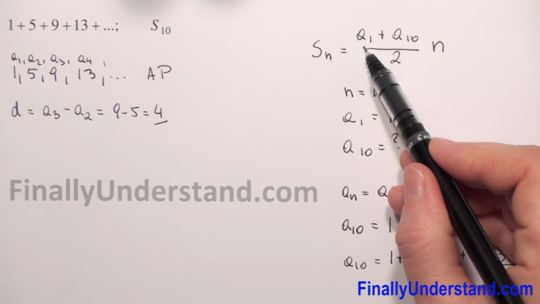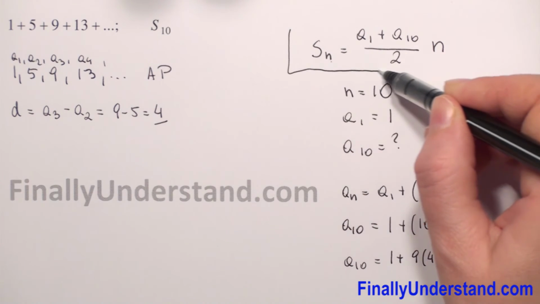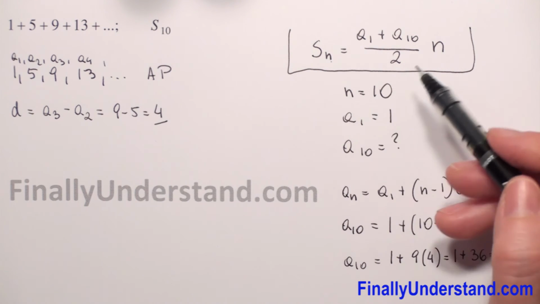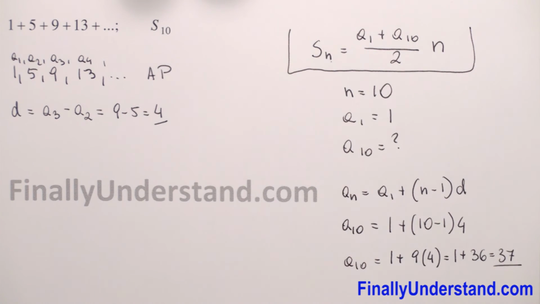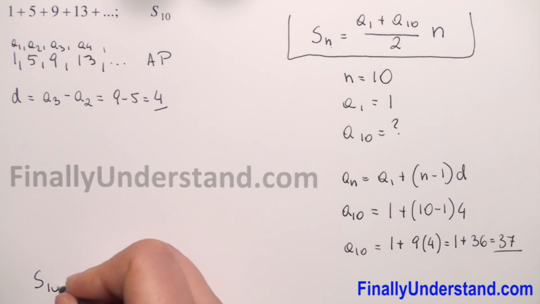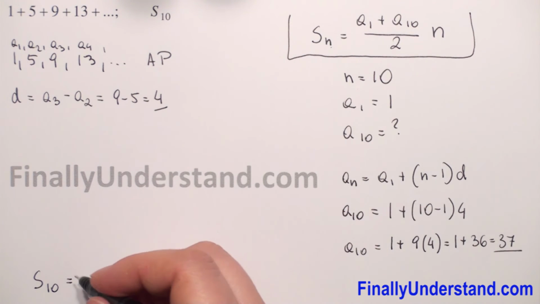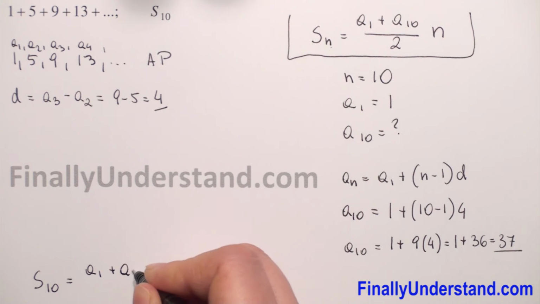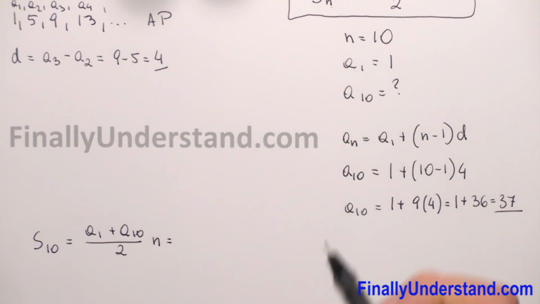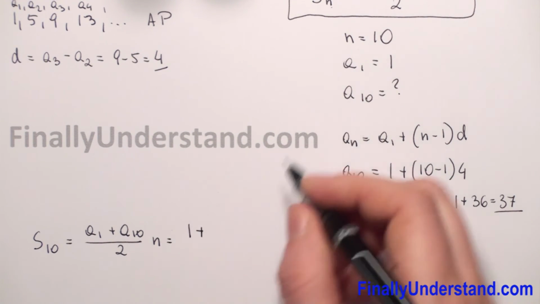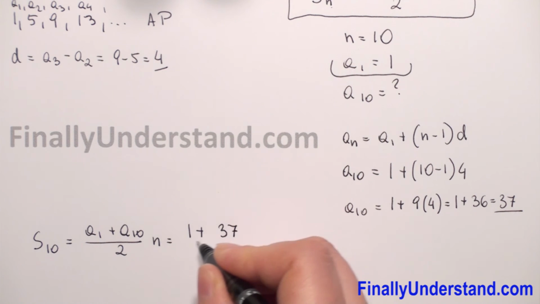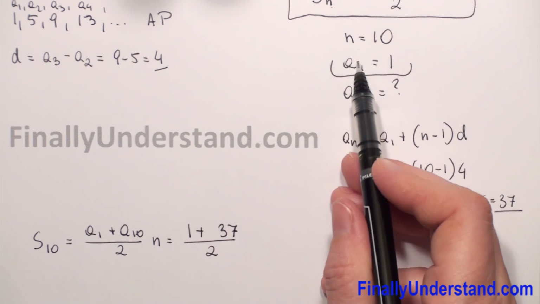Now we can use the formula to find the sum of 10 terms of our series. So we can write that S10 is equal to, let me copy the formula, (a1 plus a10) over 2 times n. a1 is 1, a10 we found is 37, over 2 times n, which is 10.